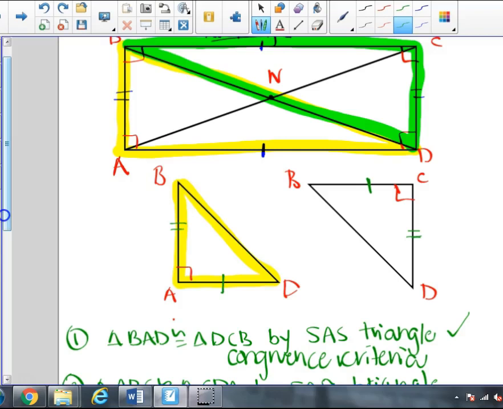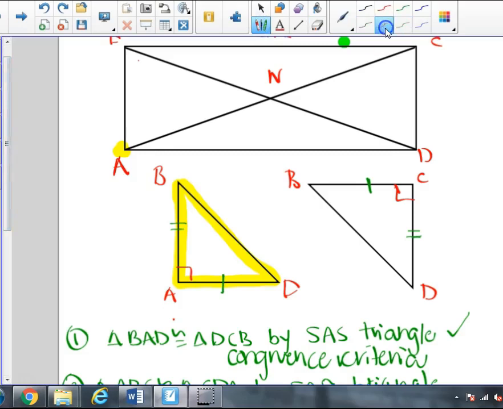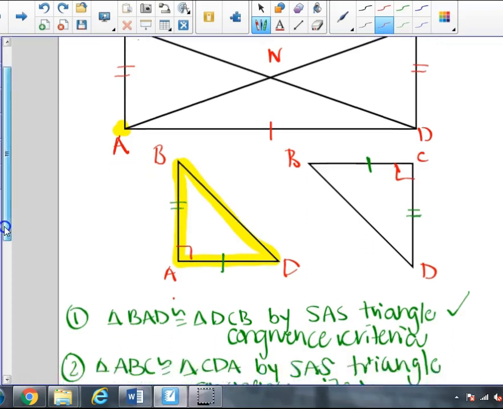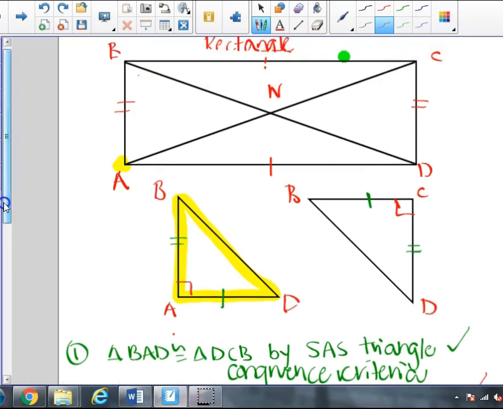We also know that if we come back up here, and I'm just going to erase a little bit of this, I'll rewrite what I need to. And so I'll remark opposite sides. We can also take a look at 2 other triangles that we said would be congruent. Triangle ABC.